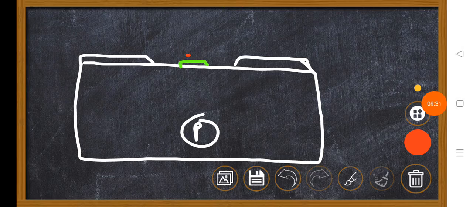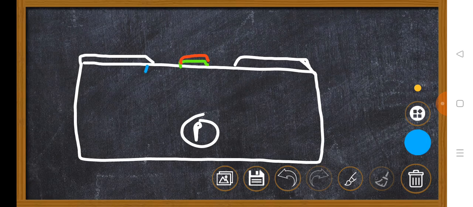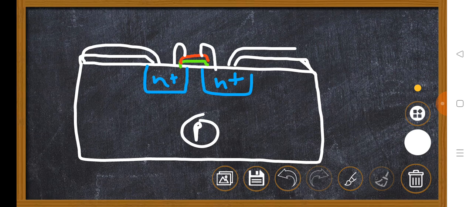I will draw one more time. This is your polysilicon. After that you have the diffusions here, n plus, n plus diffusion. After that we created contact cuts once again. This should be like this. Are you clear?